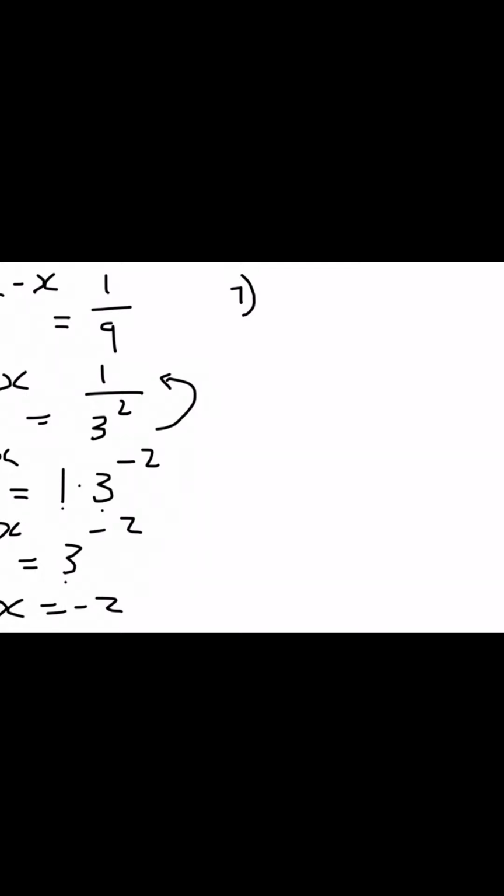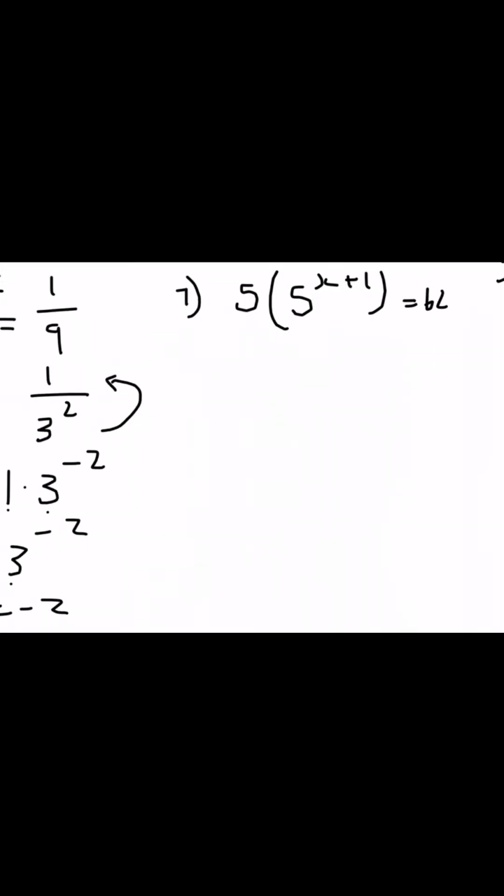Okay, so now let us quickly check. Problem number 7. For problem number 7, you've got 5, and then let's say 5 to the exponent of x plus 1, and this is being equated to 625.